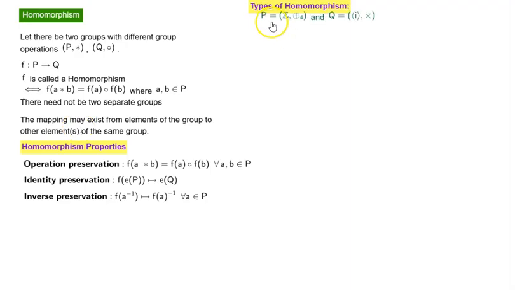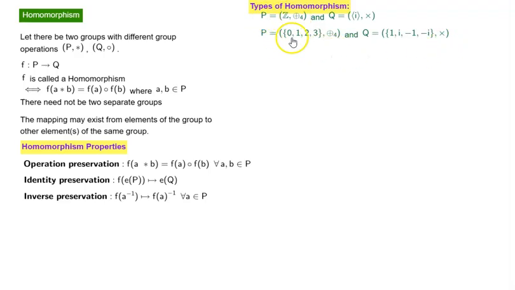Let's say we have a group P, which is a group formed by the set of integers under addition modulo 4. And Q is the group generated by I under multiplication. So we have already seen this.